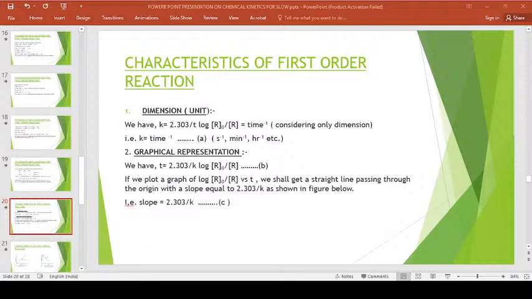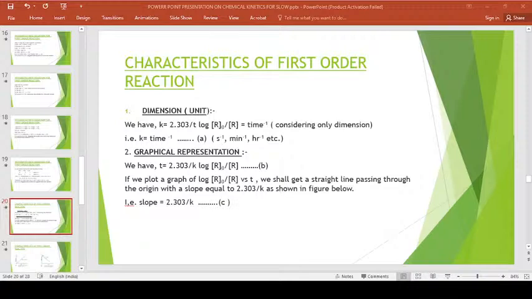If you cancel the zero from 100 and 70, that becomes log 10 divided by log 7. The log 10 value is given, the log 7 value is given. Substitute the values and simplify to get the time required. This is how you calculate the time required for 30% completion of the reaction.